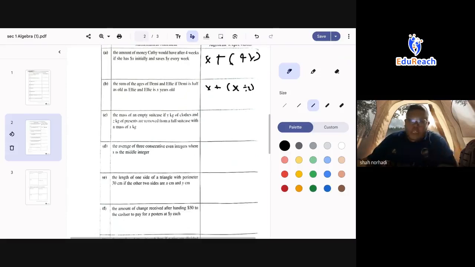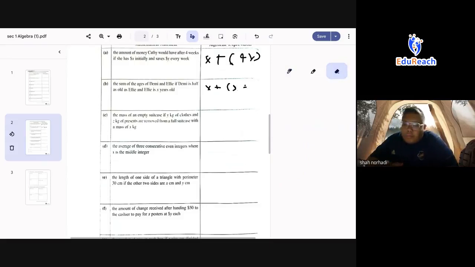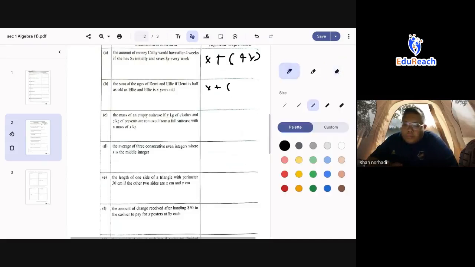The sum of the ages of Demi and Ellie, if Demi is half as old as Ellie and Ellie is x. So what is x divided by 2 can be written as? Good. Now, at this stage, we can actually simplify.